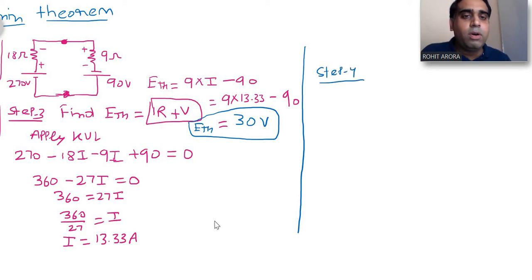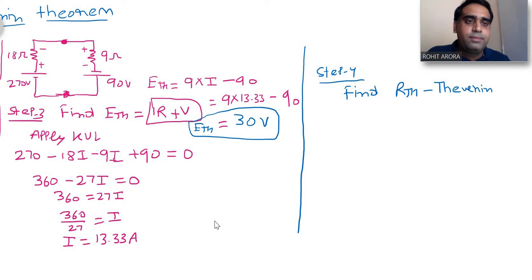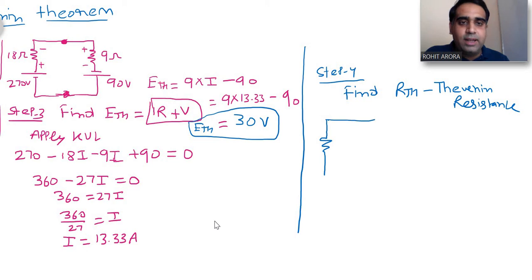Now, the next step, step number 4, is to find RTH. RTH stands for Thevenin resistance. Now the circuit is: this is the 18 ohm resistance, with the 270 volt source short circuited, then after that this 9 ohm resistance.